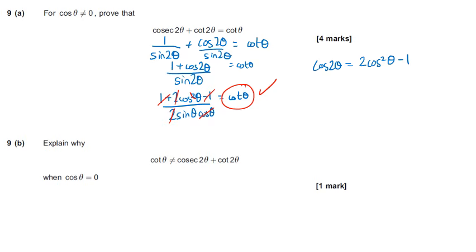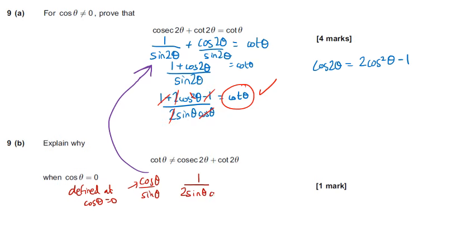Then 9b, explain why they're not equal if cos theta equals 0. Well, just go back to that first step up there. We wrote the terms on the right hand side, so that the left hand side is fine. The left hand side is cos theta over sine theta. So there's no problem with that if cos theta is equal to 0. But these terms on the left, once they have sine 2 theta on the bottom, so the first term was 1 over 2 sine theta cos theta.